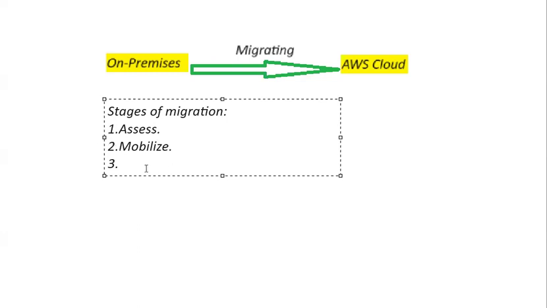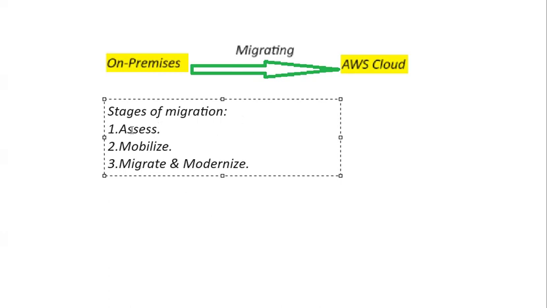At last, after building all my infrastructure and the users and organizational structure, what do I need to do? I need to perform the migration, as well as modernize whatever content has been migrated into my AWS cloud.